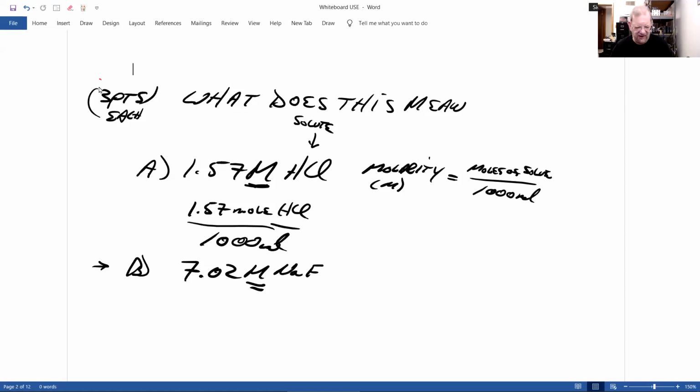This says molarity. This is your solute. Therefore, this means 7.02 moles of sodium fluoride per 1,000 milliliters.